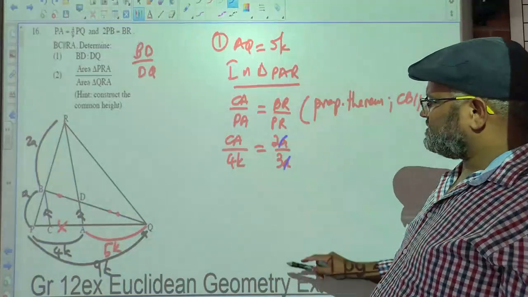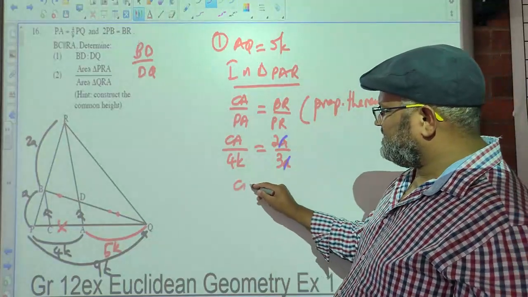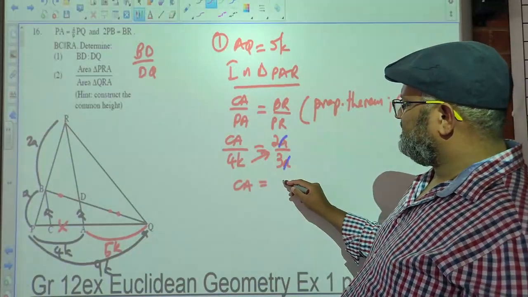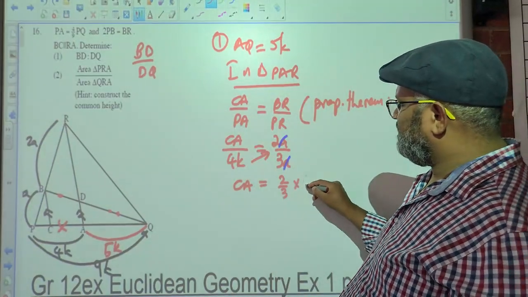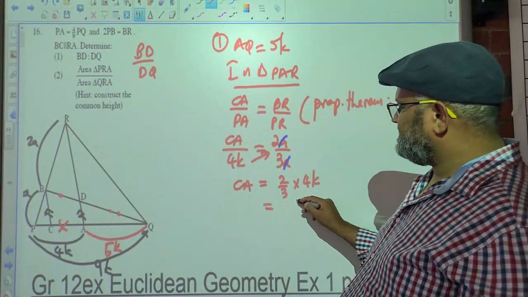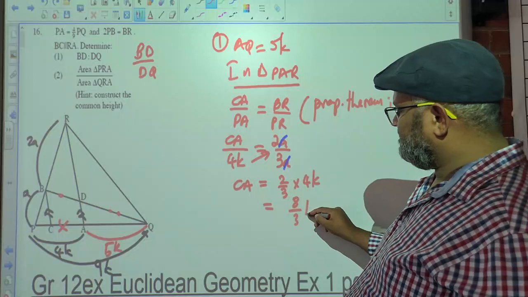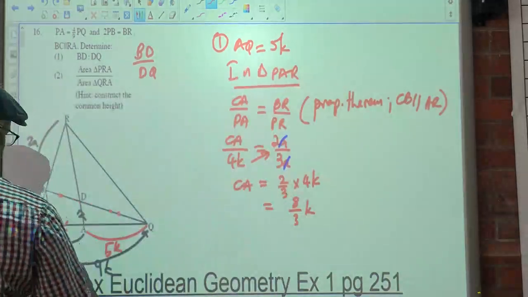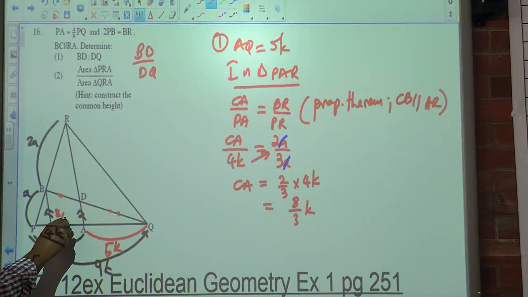So that cancels, not so. So you'll have CA is equal to 2/3 times 4K. It's going to give us 8 over 3K. It's going to be 8 over 3K.